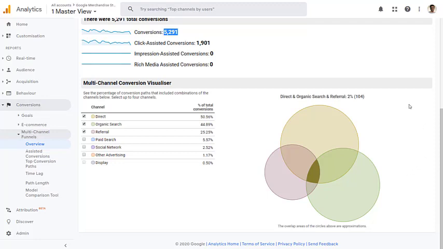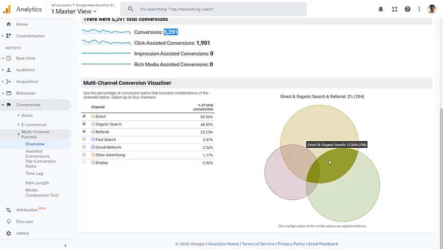So the biggest circle here is direct, followed by organic and referral. Their intersection shows us how these two work together. If I put my mouse cursor here, you will see that direct and organic is 13.56%, that is 706 conversions.